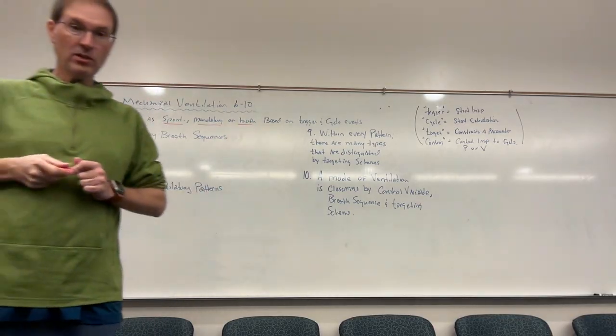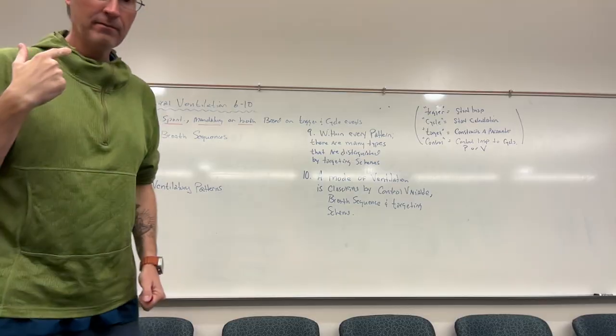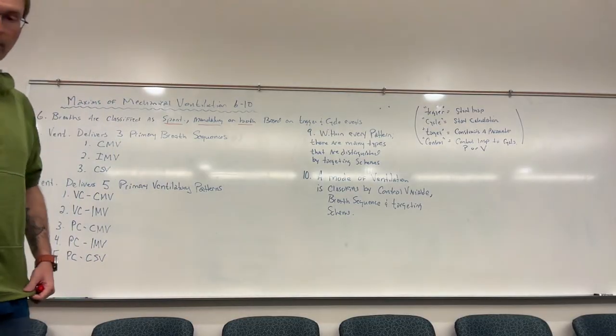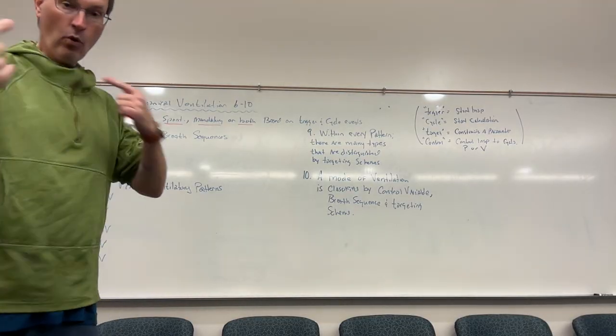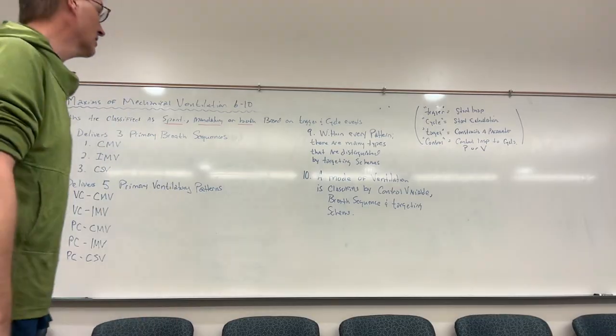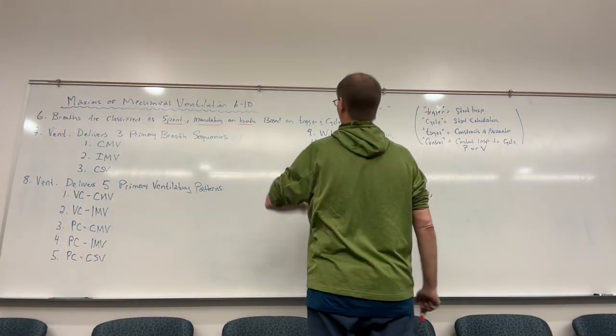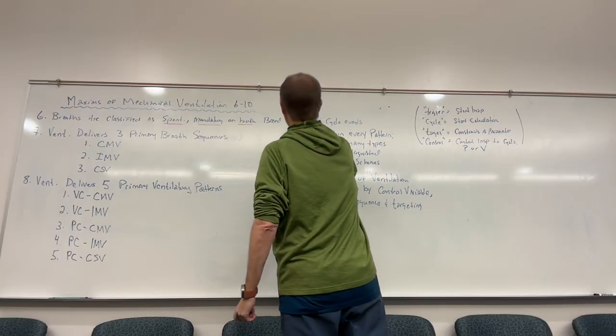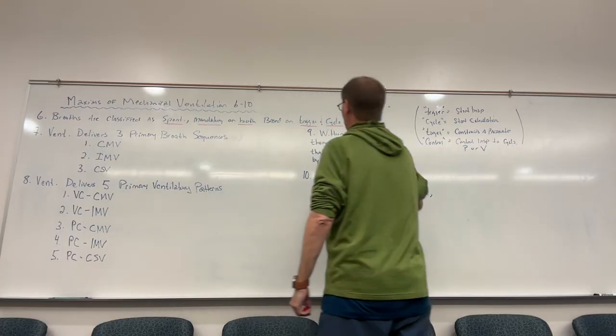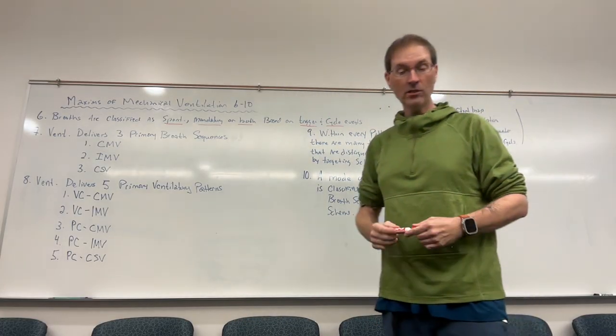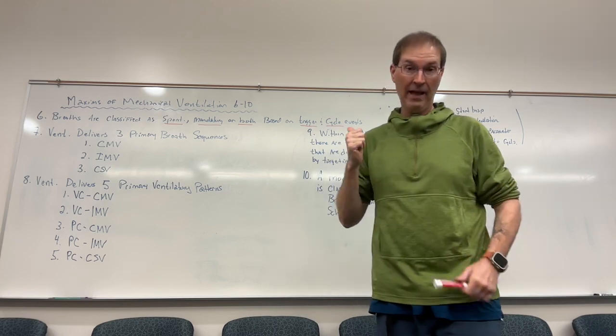So when we say that a patient takes a spontaneous breath, or the ventilator delivers a mandatory breath, or there's a combination of spontaneous and mandatory, the way these are defined are based off of the trigger and cycle events. What is triggering and what is cycling that breath?